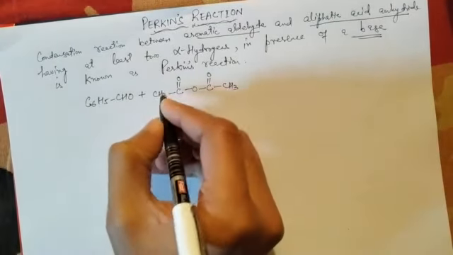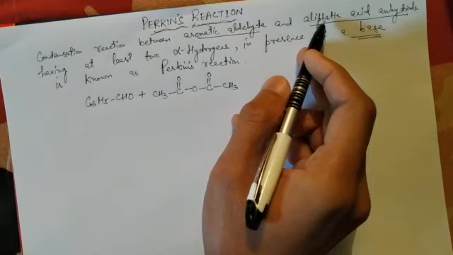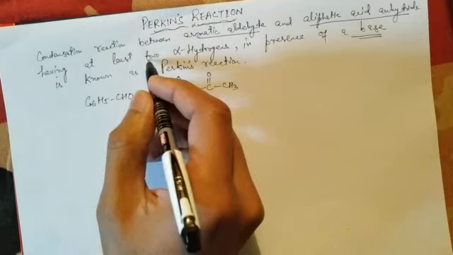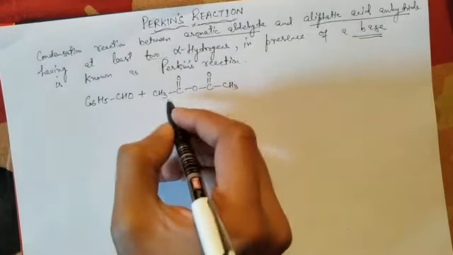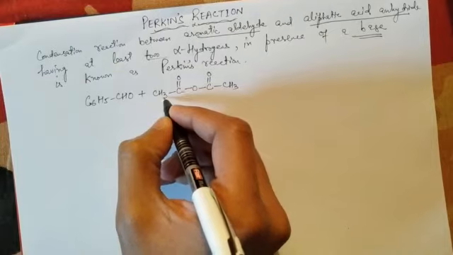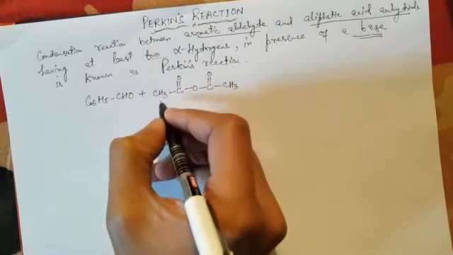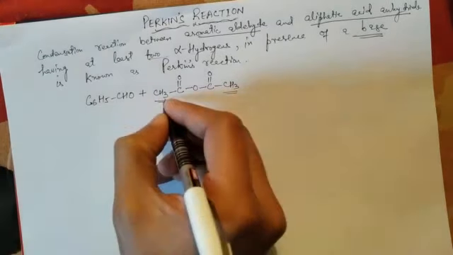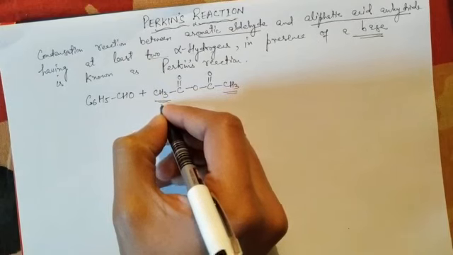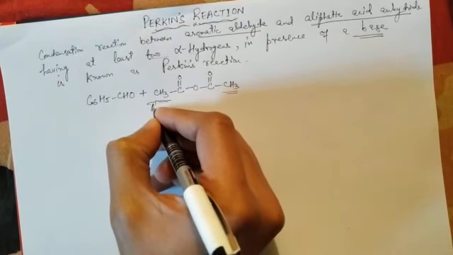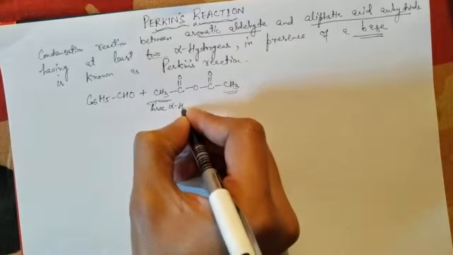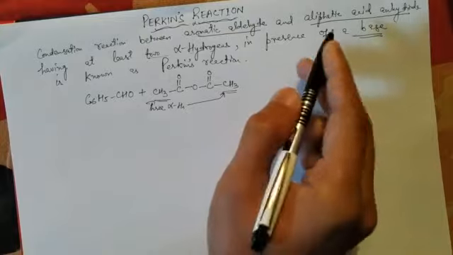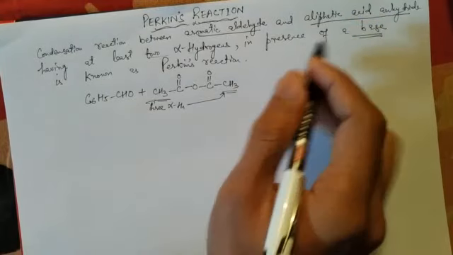Now the essential condition is that the anhydride must possess at least 2 alpha hydrogens. Here you can see that this condition is fulfilled, and we have 3 instead of 2 alpha hydrogens. So there are enough alpha hydrogens here. Likewise here also we have 3 alpha hydrogens. So the basic condition is fulfilled here.